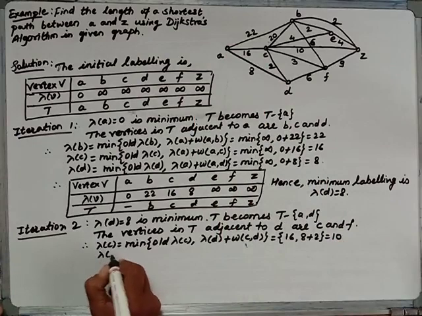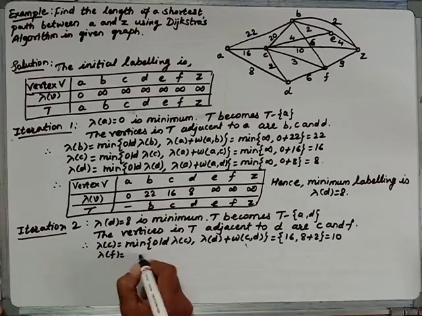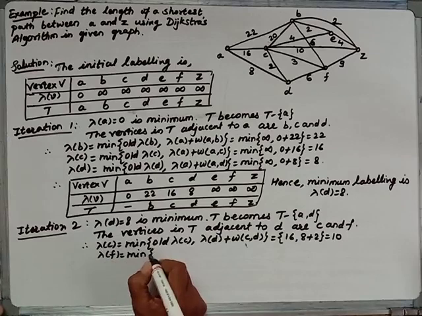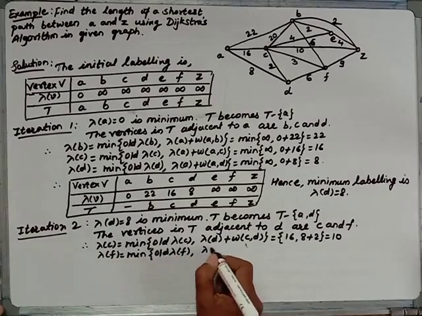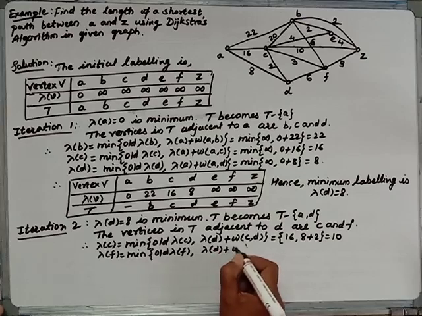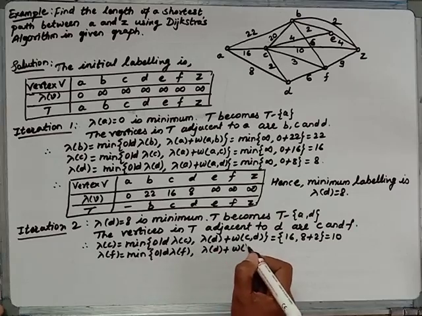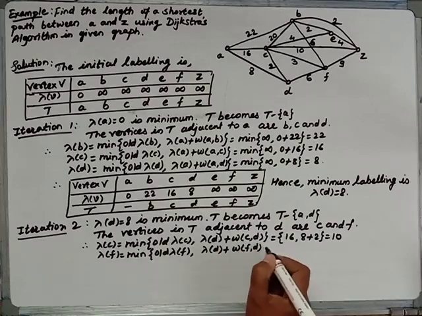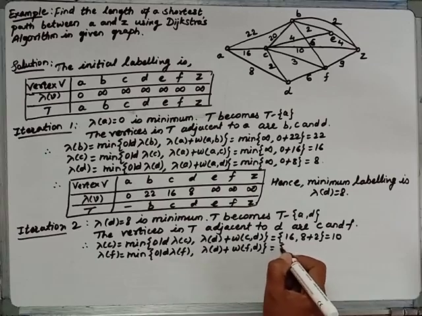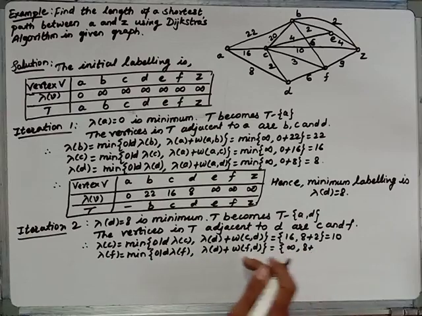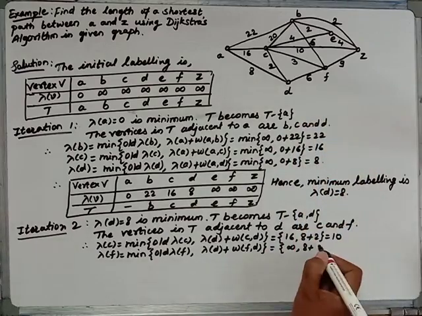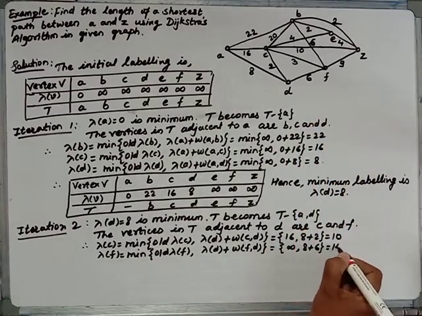Now we have to find lambda of F. So the minimum of old lambda of F and lambda of D plus the weight of the edge from F to D. Old lambda of F is infinity. Lambda of D is 8 plus the weight from D to F, which is 6. So it is 14.